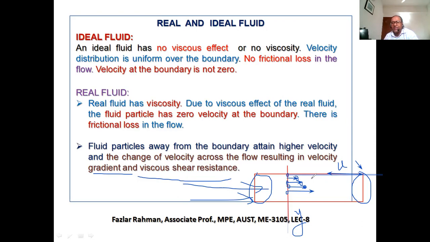What will happen? You will see the plastic or polythene pipe will be wrinkled in the face, because at the wall there will be a force along this direction. That is called shear stress. Okay. So this is the property of a real fluid.